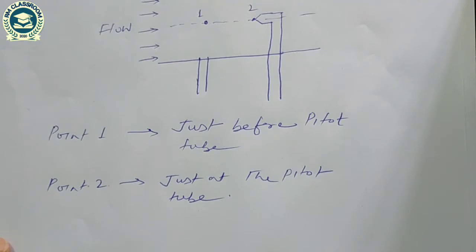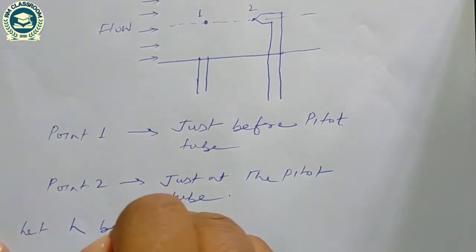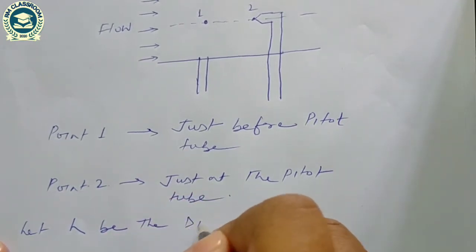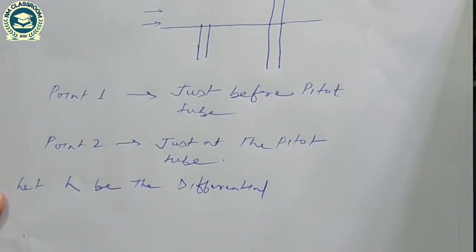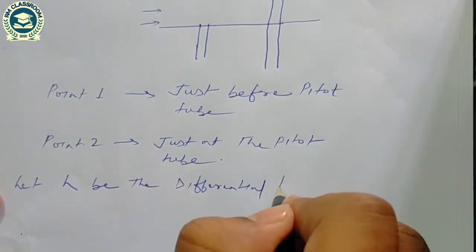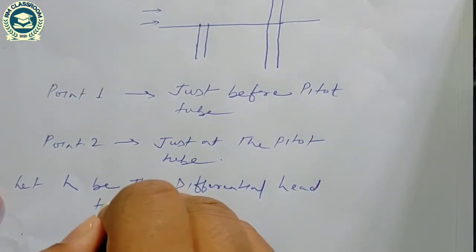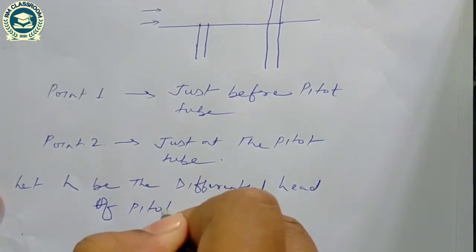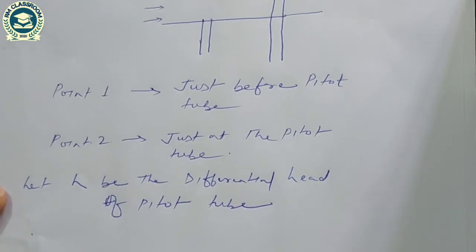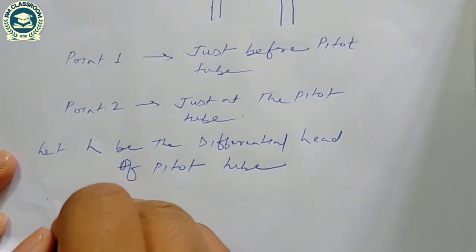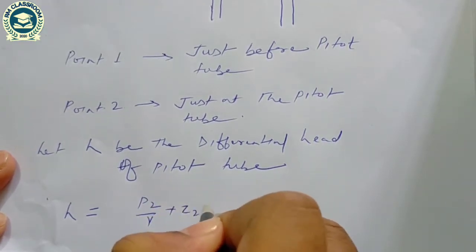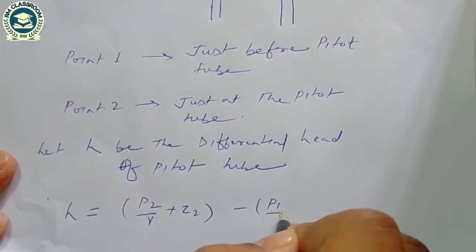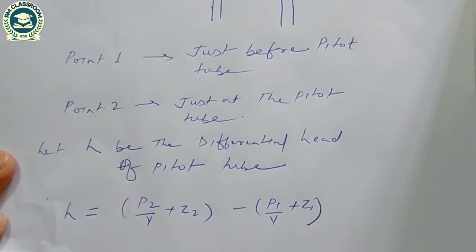So if I apply Bernoulli's equation, let small h be the differential head of the pitot tube, and this differential head expression we know: (P2 by gamma plus Z2) minus (P1 by gamma plus Z1).